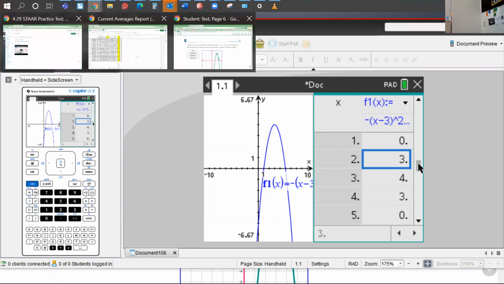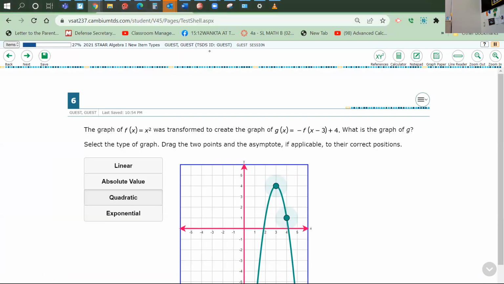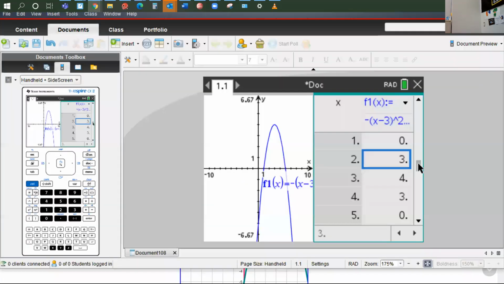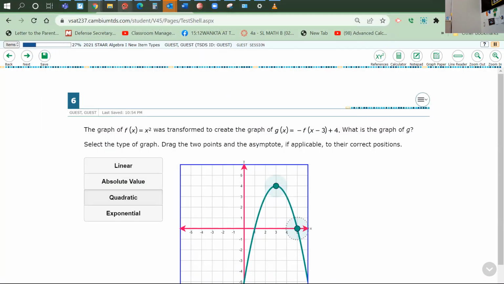Let's go back and look at this now. So when x is 5, we know y is 0. I could use that one, 5, 0, or I think it said when x is 4, y is 3. Is that what it says? Why is it not giving me that?